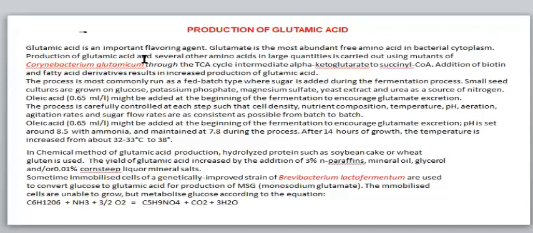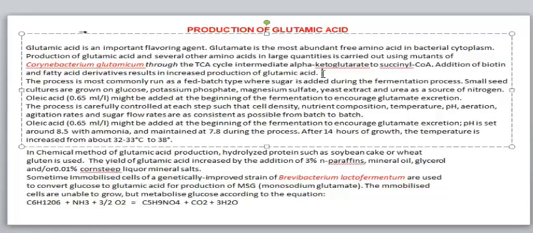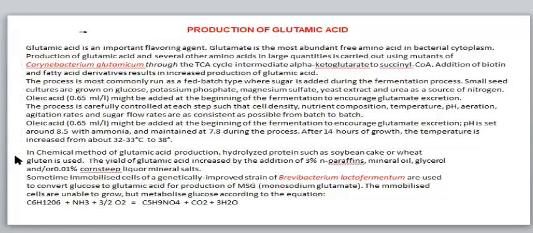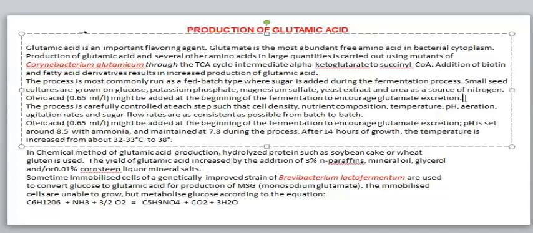Addition of biotin and fatty acid derivatives results in increased production of glutamic acid. This process is carried out in fed batch type of culture. Folic acid can be added to increase glutamic excretion. These are the important things related to this.